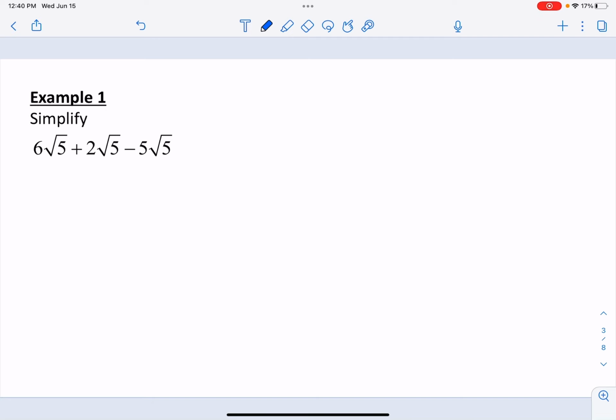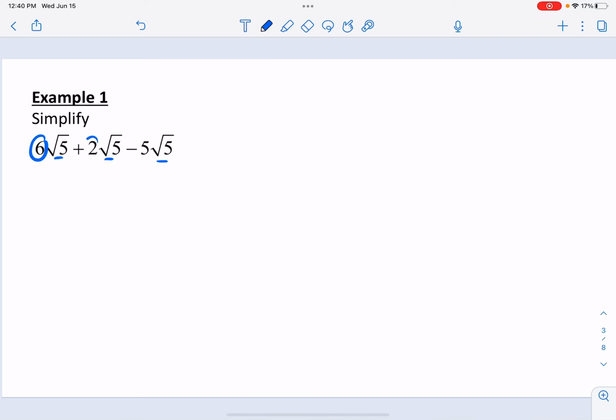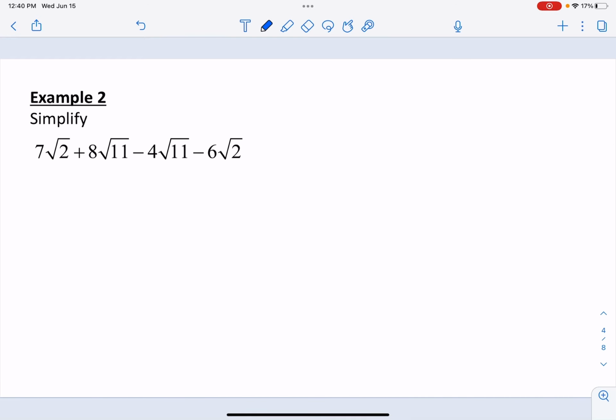Okay, so simplify this. Notice how all the radicals are the same. So I can just do 6 plus 2, which is 8, minus 5, which is 3 root 5. Okay, our next example.